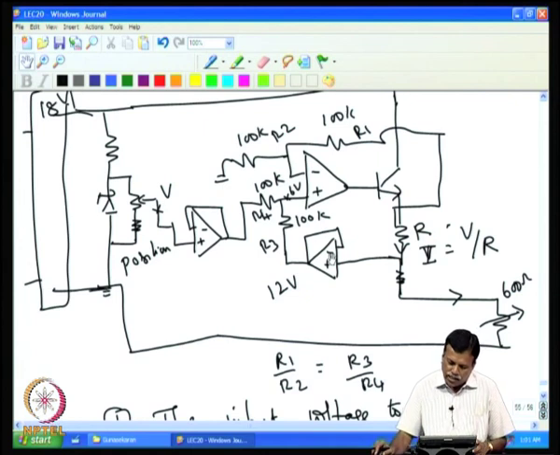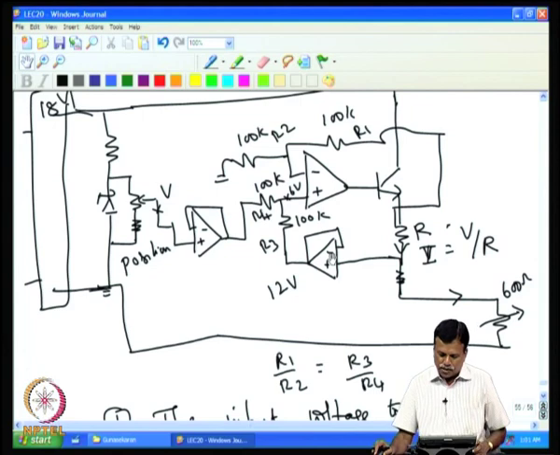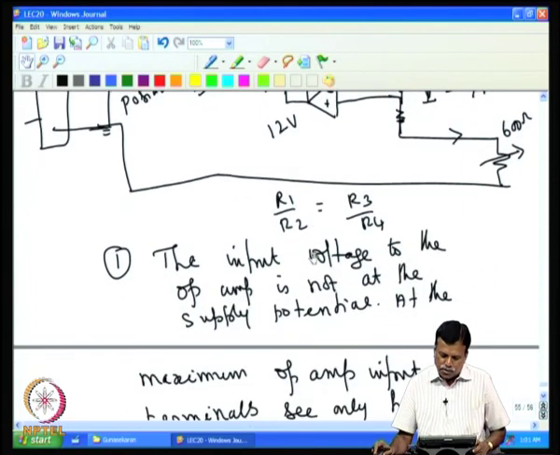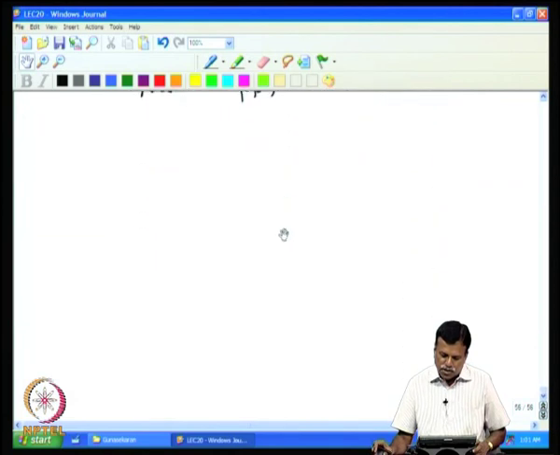So, we now have additional issues: the supply side problem is solved, but the ground side potential which is going to 0 is not solved.